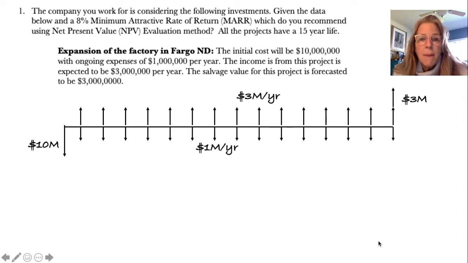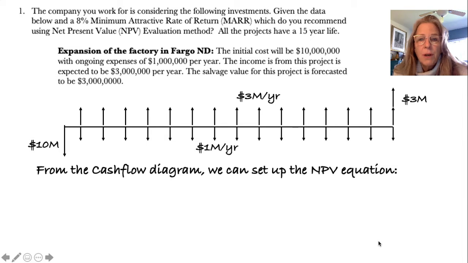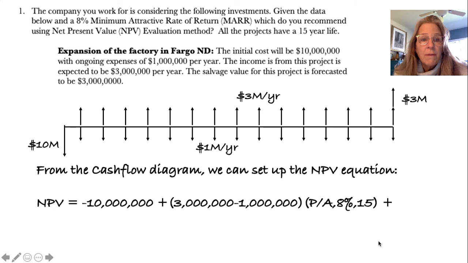I'm going to set up a net present value equation. I'm going to say negative 10 million because that's already at time period 0. I take the difference between the income and the expenses and multiply it by P given A, the present value given these annual values for 15 years.